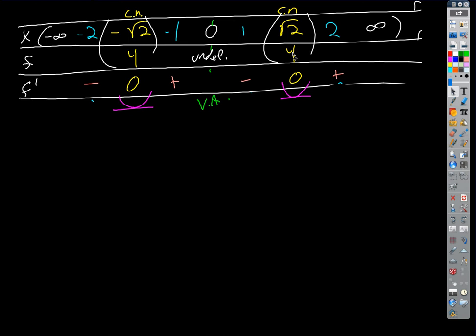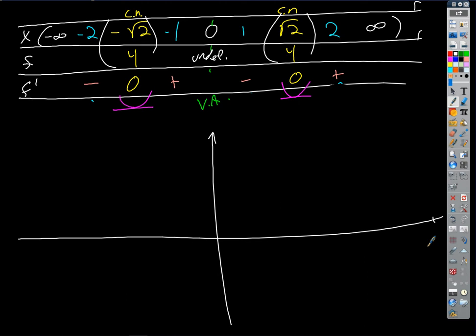Okay, so there's the XY plane. We know we've got a vertical asymptote there, right? If we go back to this point at negative radical 2, positive 4, so that's about right there.